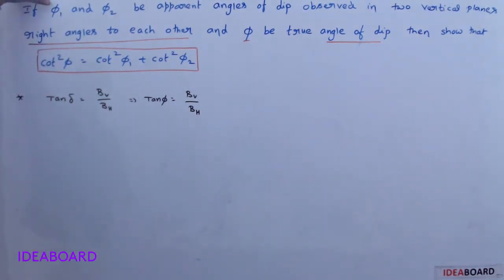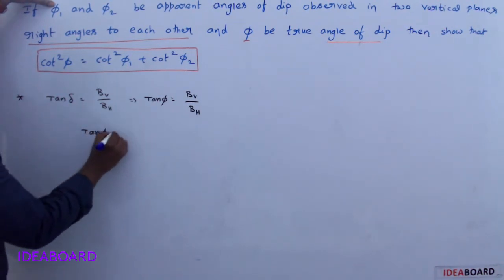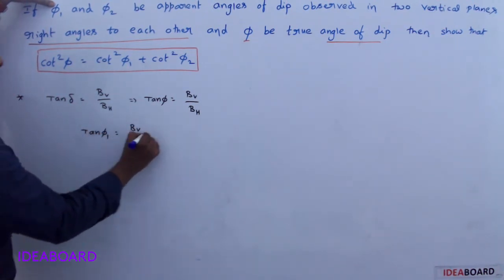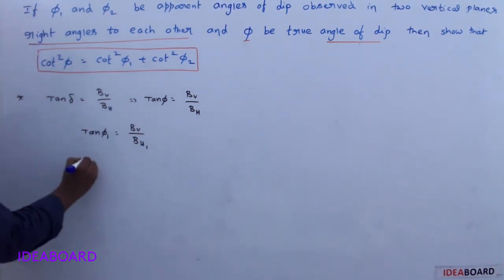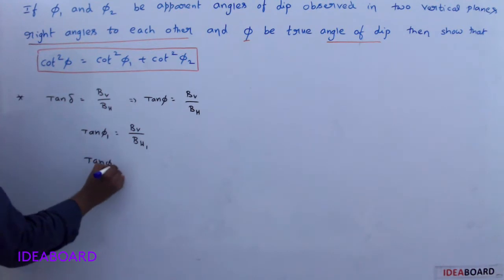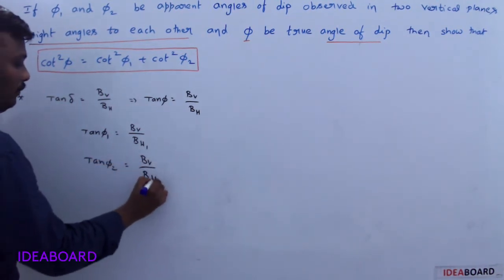Now for the apparent dips, tan phi 1 is equal to BV by BH1, since BV does not change, and tan phi 2 is equal to BV by BH2.